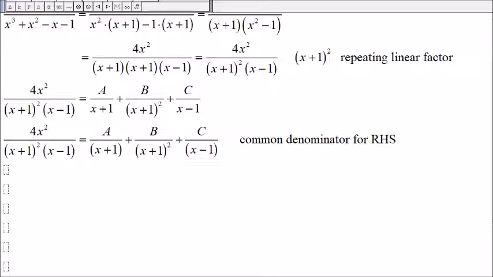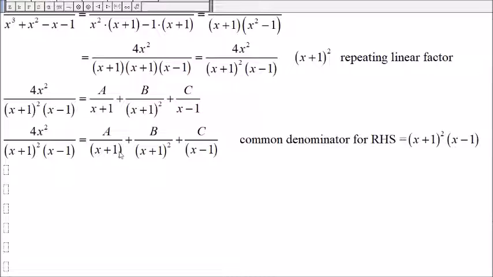The right hand side is going to be the x plus 1 squared and the x minus 1. And so we have to make all denominators here become x plus 1 squared times x minus 1.